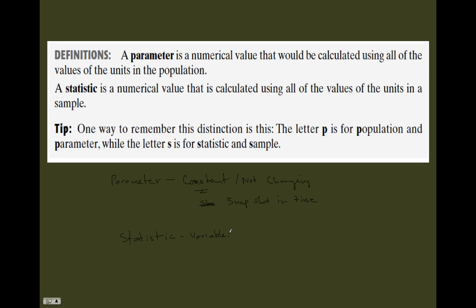The idea is confusing, and I understand that, but really what you have to understand is both these things can't be changing at the same time. That would be very problematic.